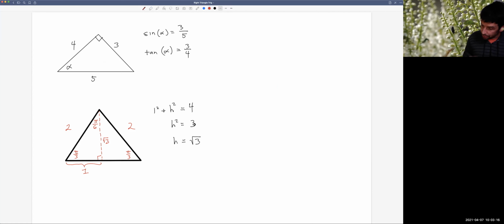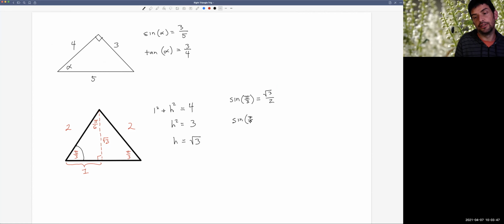Okay. Now, with this triangle in mind, let's compute some of our trig functions. So for instance, the sine of pi over 3: looking at this angle here of pi over 3, sine is opposite over hypotenuse, root 3 over 2. And let's look at the sine of pi over 6. Now I'm looking at the opposite of this angle, 1 over 2.